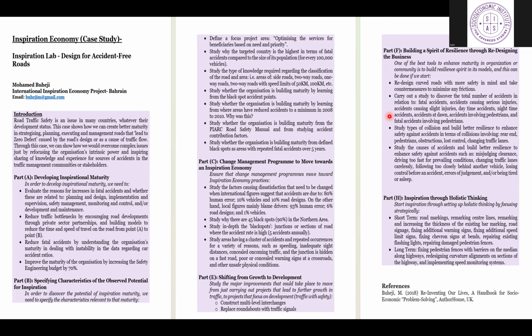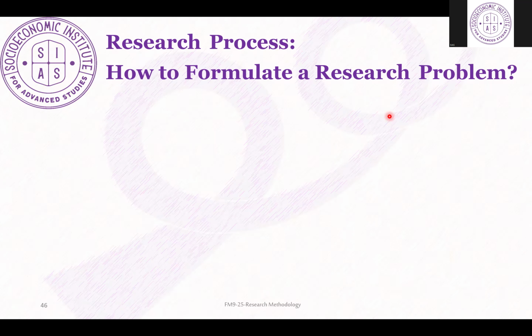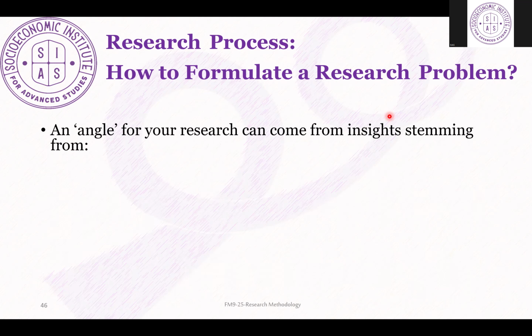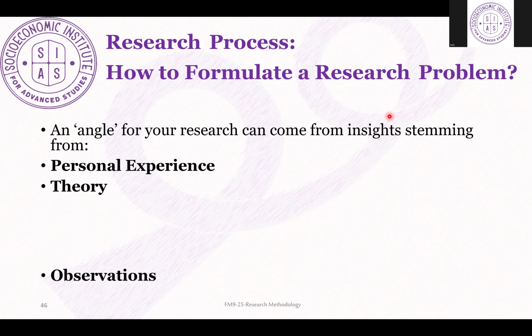This is an example of a project that we did in Bahrain, and it went through the same research process. Again, we see the angle of the research so that it comes with insights stemming, for example, from building based on personal experience, based on theories.